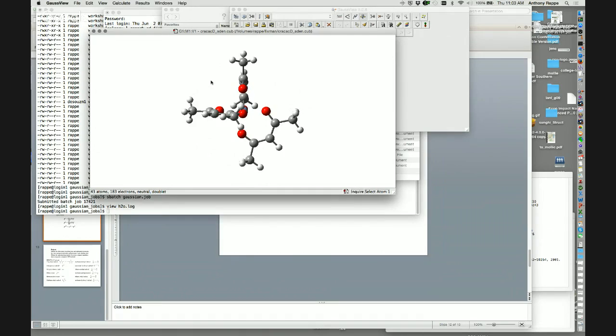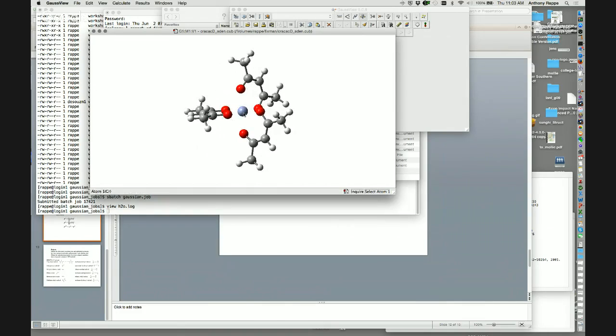It's really brightly colored, air stable, and easy to work with, but it's not an organic molecule. It has a transition metal in it, in this case chromium. It isn't exactly octahedral, but it's nearly octahedral in geometry.